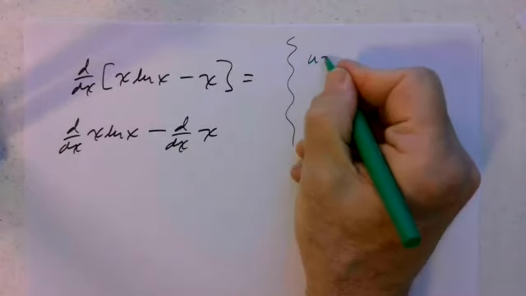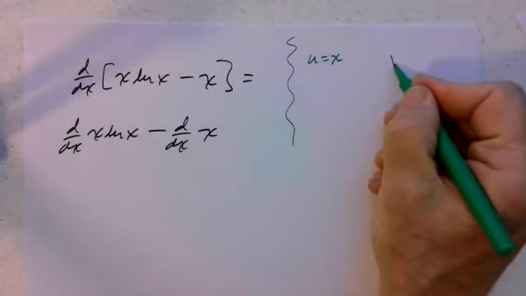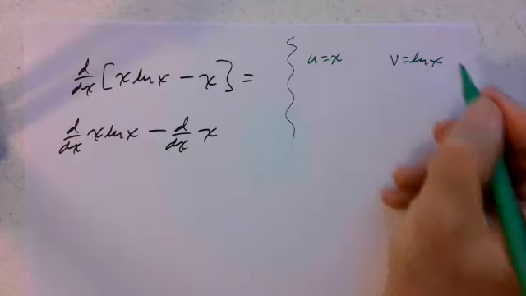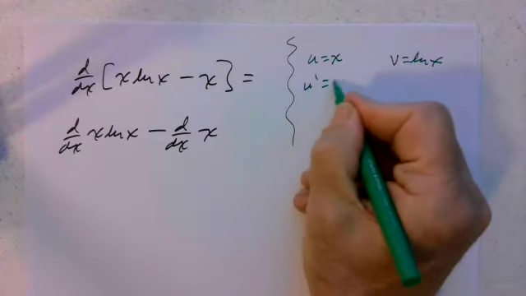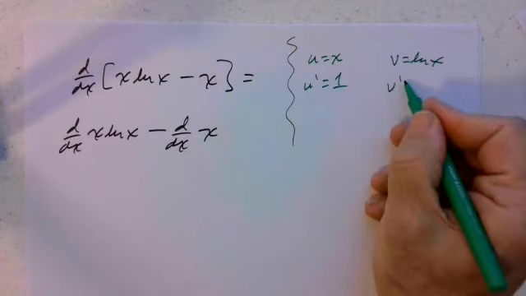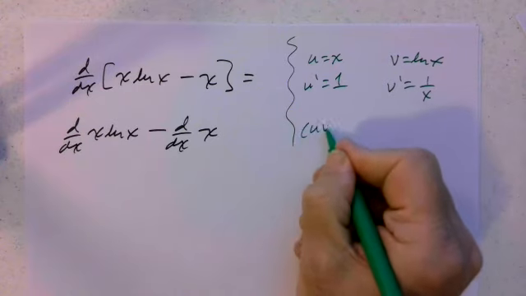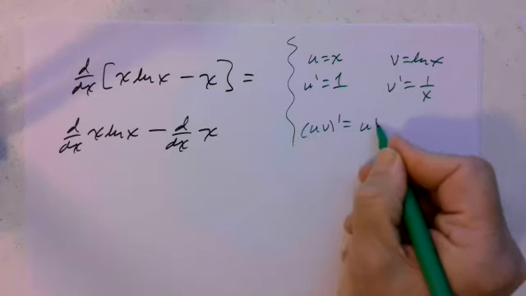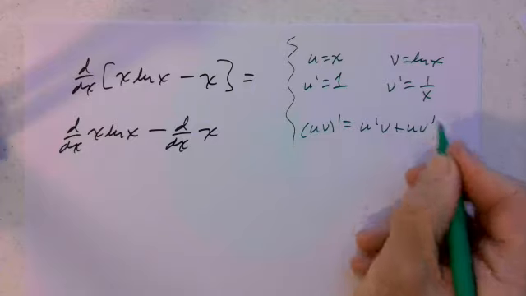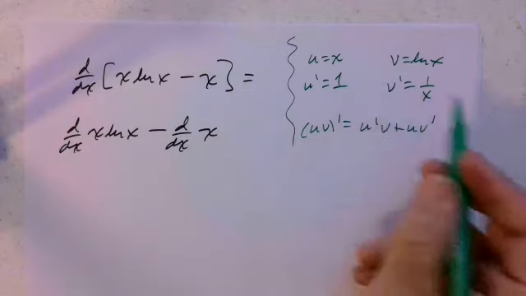So we'll say u is x, v is natural log x, u prime is 1, v prime is 1 over x. So the derivative is u prime v plus u v prime.